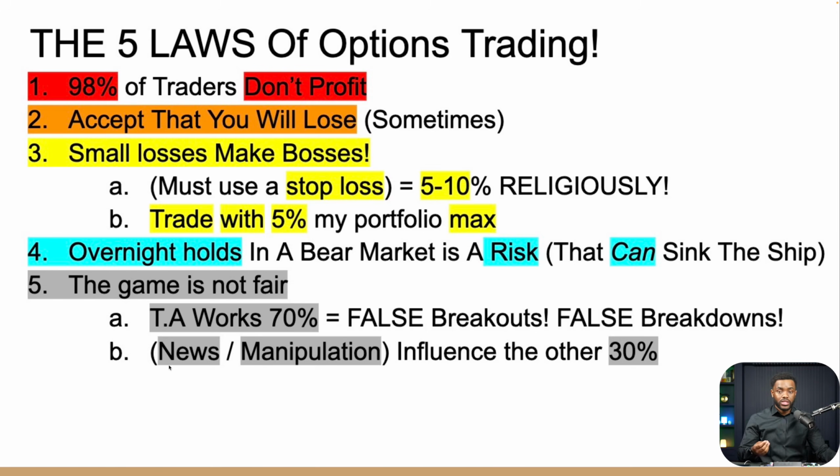Now, there's also manipulation. There's an element of manipulation on the market where we have no idea when big institutions, JP Morgan, BlackRock, Vanguard, when they're going to dump stocks into the market and sell, or when they're going to buy it all at once. We have no idea. There's no indicators to tell you that they're going to do that, but they can, and they own a lot. So we have to be prepared for this. And how do we do it? We use our stop loss, and we are cautious about when we hold overnight.